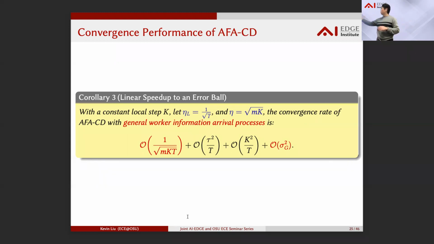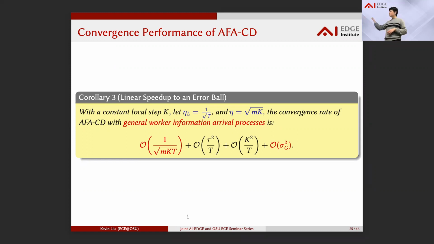Then the previous result implies the following stationarity gap. Now you can see that the dominant term here is this 1 over square root of MKT. What it means is that this is actually linear speedup, which is good. These two terms are higher-order terms you don't need to worry about, and this is the lower bound.